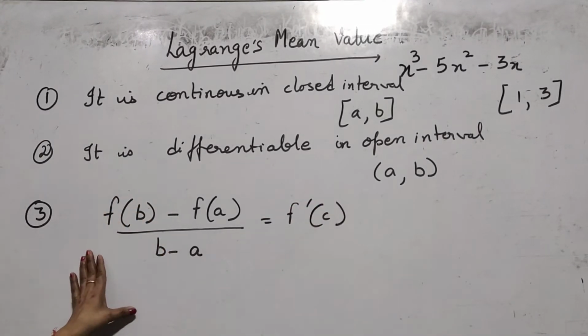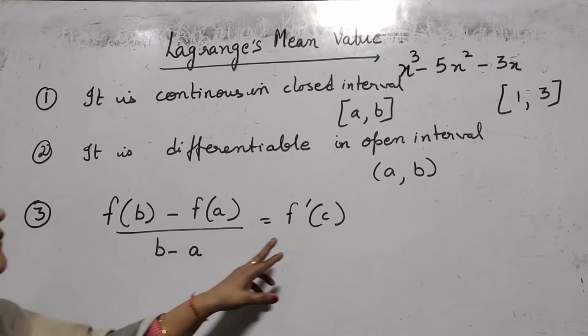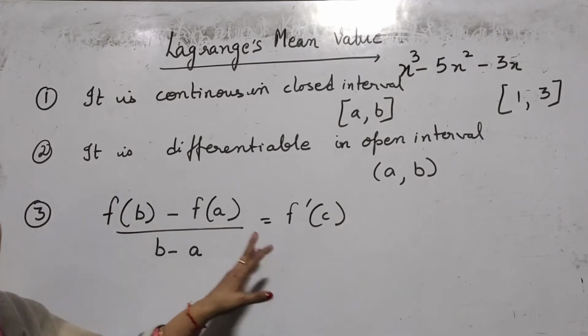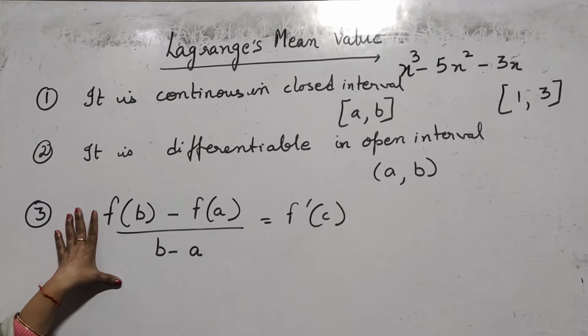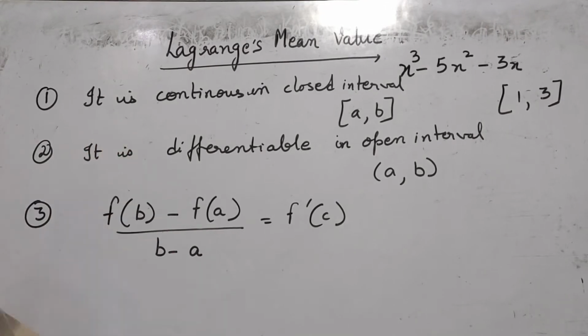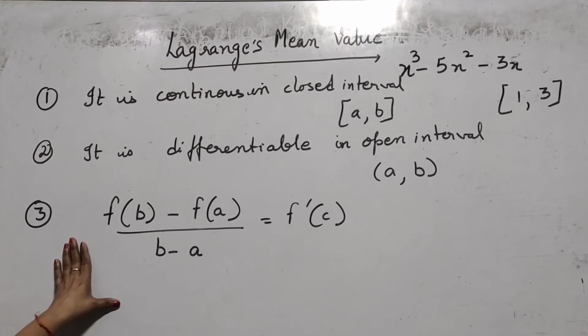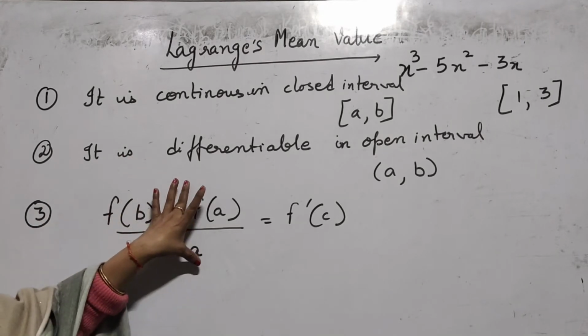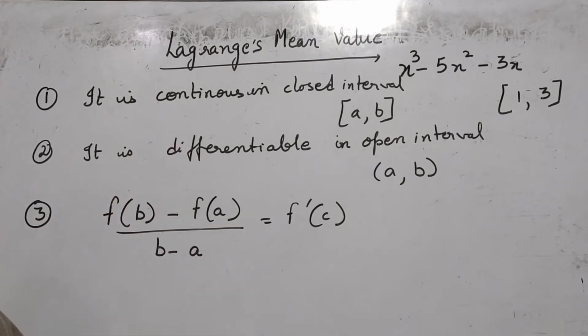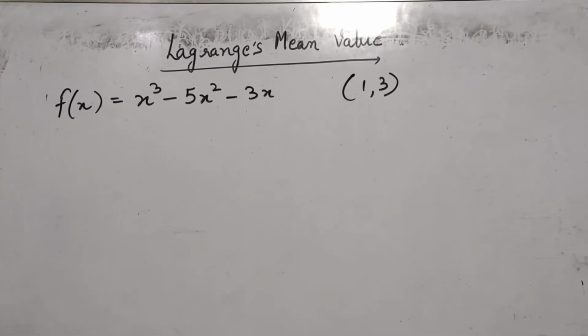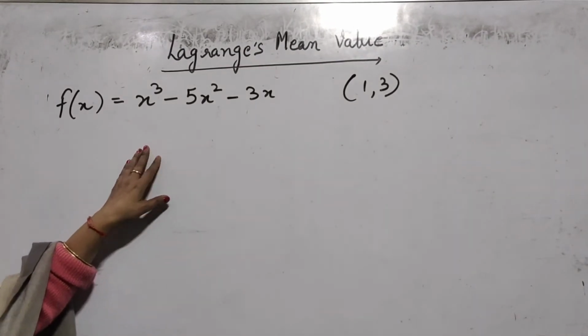If this condition is satisfied, you can easily find a value c, and the given equation satisfies the Lagrange mean value theorem. Now, I am going to explain by taking one question which can easily show how you will solve different types of questions based on the Lagrange mean value theorem.